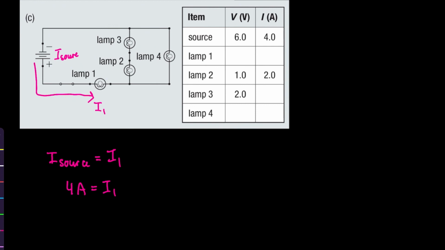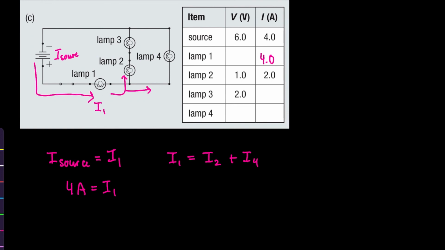And that would be the same thing as the current at lamp 1. Then once again, our current 1 enters a junction, so it's going to be split into the 2 parts. So our current at 1 is going to be split along the current at 2 plus the current at 4.